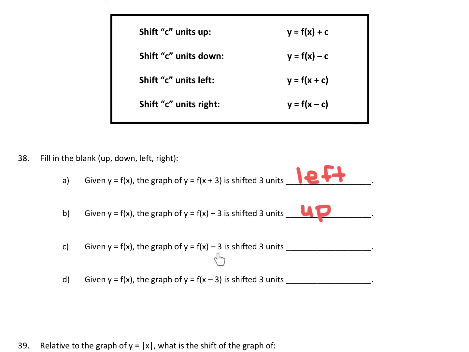So when we do that, it's going to move it down. And then finally, letter D. Here you could see we're subtracting a number within the function. So if you're subtracting within the function, it's shifting it to the right.